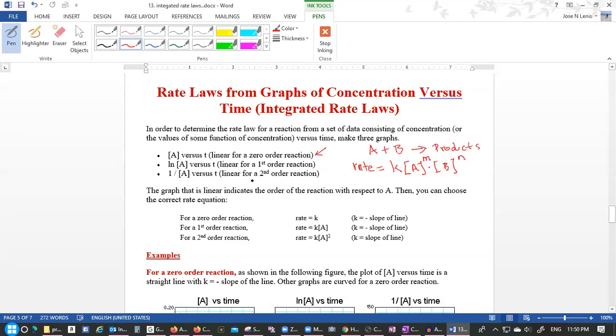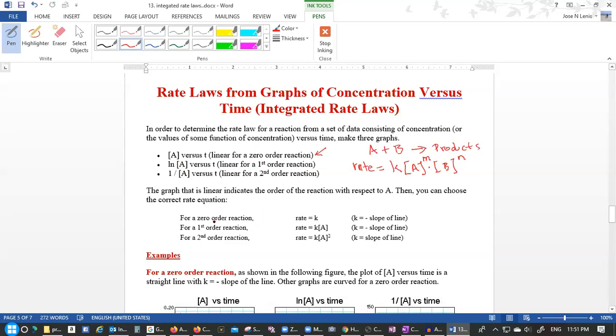So the linear behavior of different settings of concentration of A will tell you the order of the reaction. I'll show you in a few minutes.